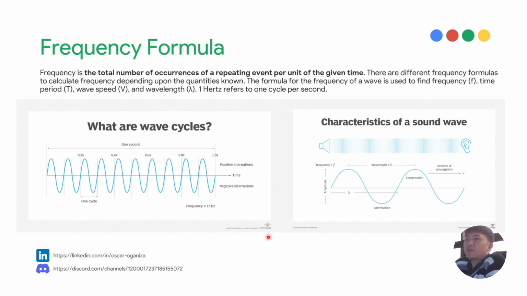Frequency is the total number of occurrences of a repeating event per unit of the given time. So for example, as you can see in the image we have, these are what you call wave cycles. There are different frequency formulas to calculate frequency depending upon the quantities known.